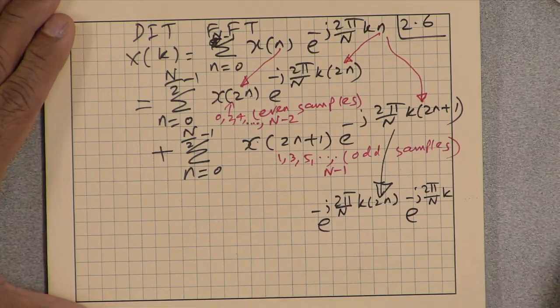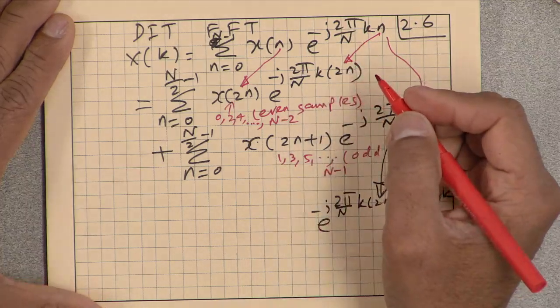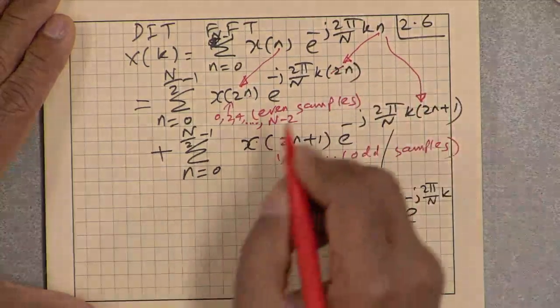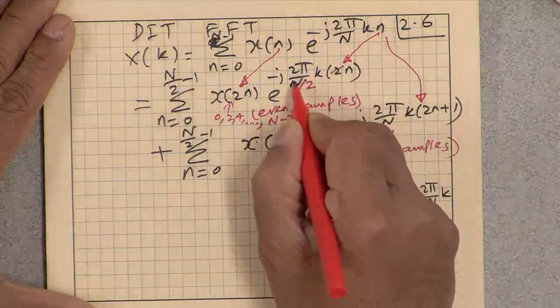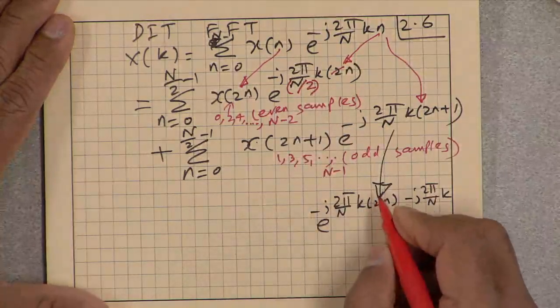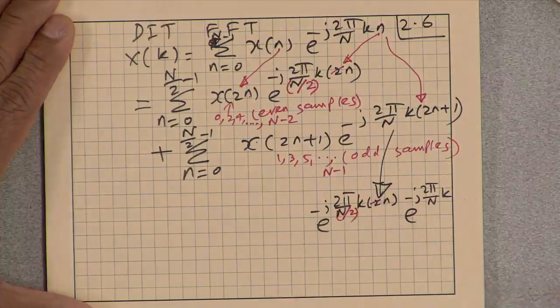Okay, and then, so what else can we do? So this 2 can be brought to the denominator and can be written as n by 2. And in the same way, these 2 can be brought to the denominator and can be written as n by 2.